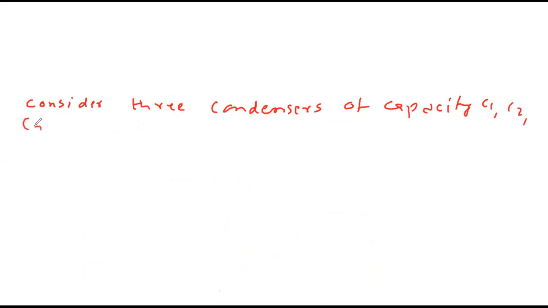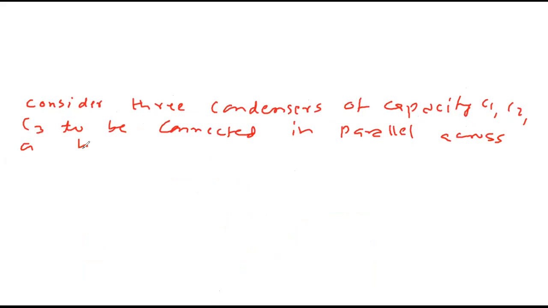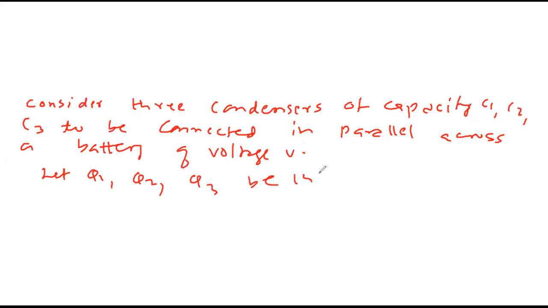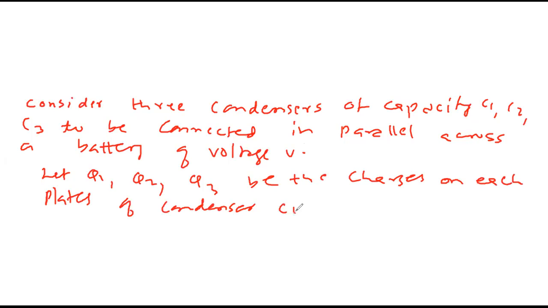Consider three condensers of capacity C1, C2, C3 to be connected in parallel across a battery of voltage V. Let Q1, Q2, Q3 be the charges on the plates of condensers C1, C2, C3 respectively.